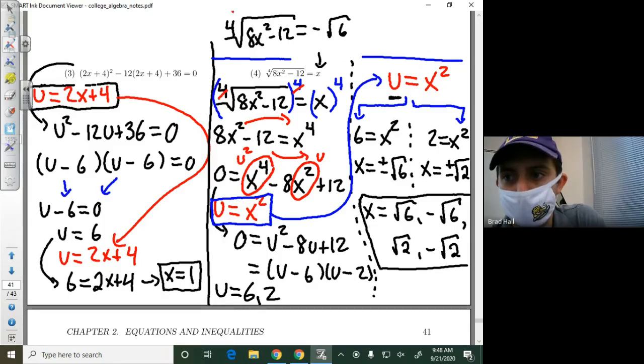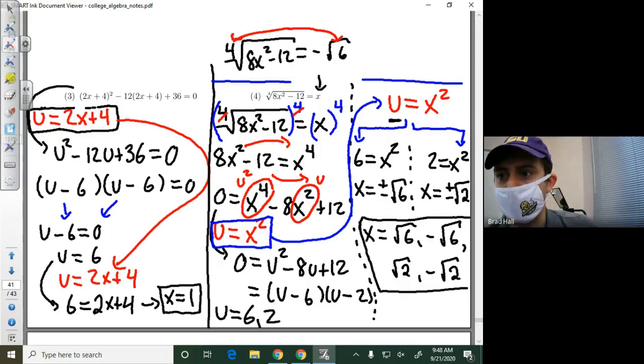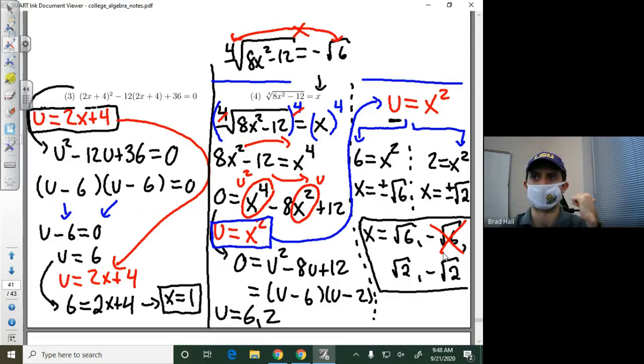The 4th root cannot output a negative. We talked about this before. A square root cannot output a negative. A 4th root cannot output a negative. This cannot happen. So that means the negative square root of 6 would be rejected. We toss it, because this cannot happen.